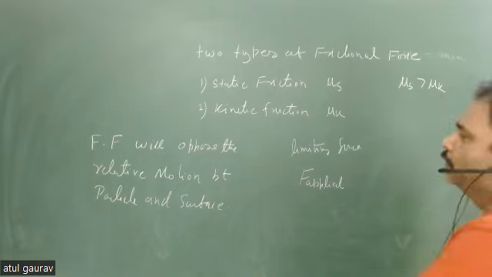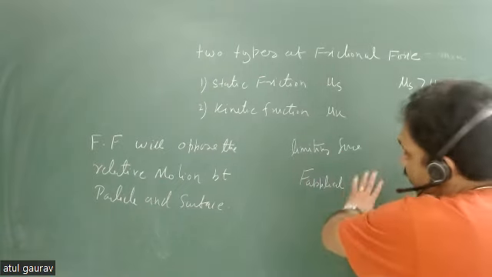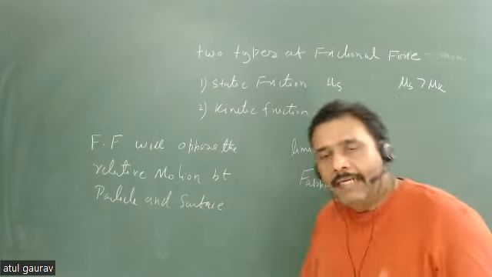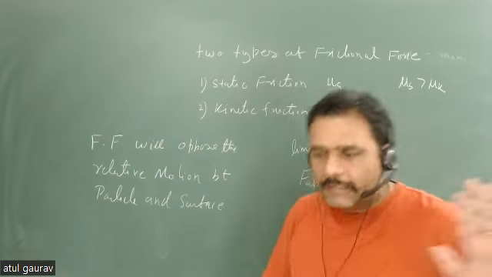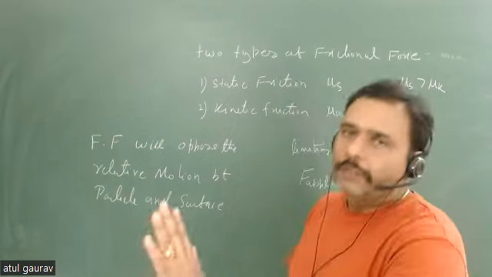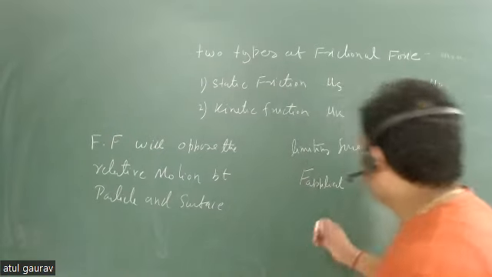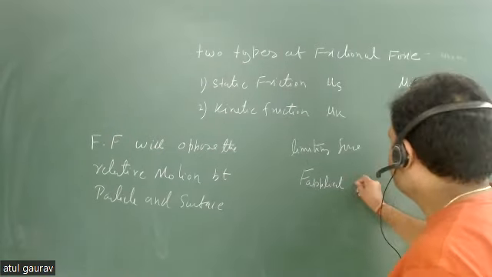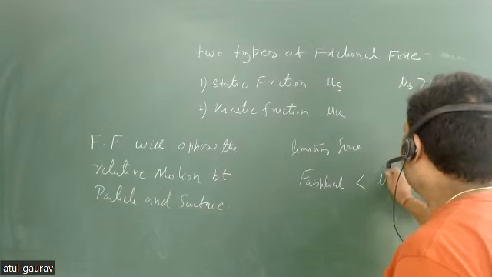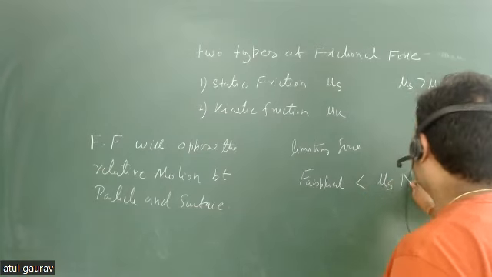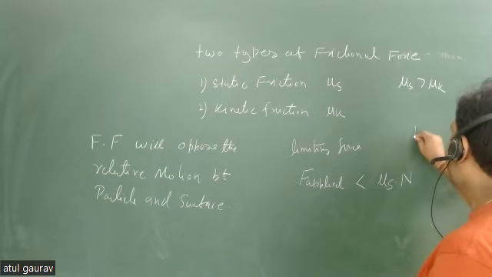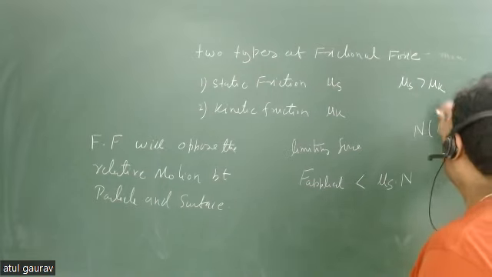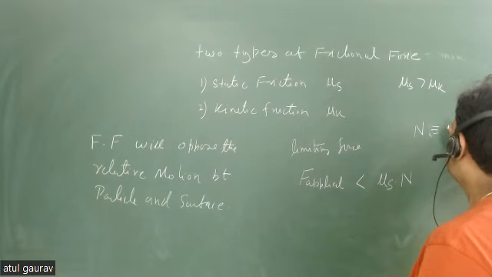So what is limiting force? F applied is in the direction of motion. So you have to see which force is providing the motion to the system. So F applied is less than or equal to mu s into N. And what is this N? N is normal to the surface.